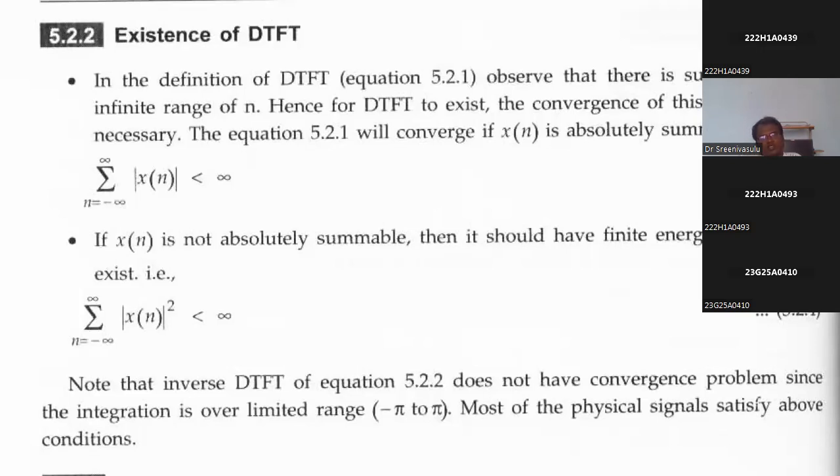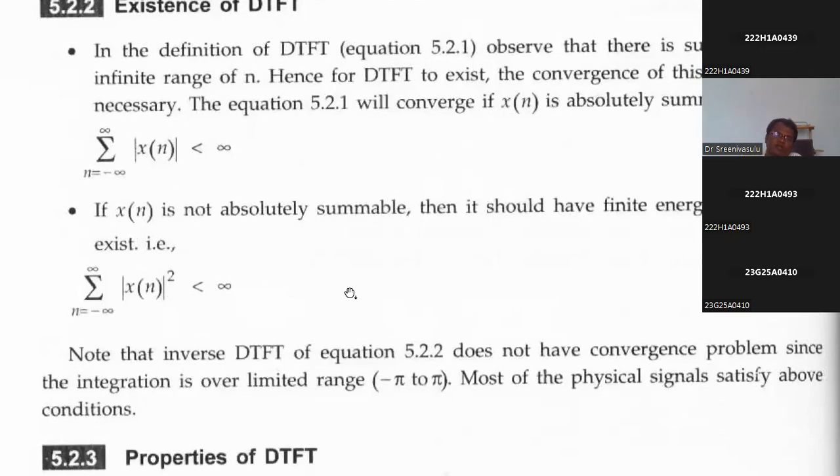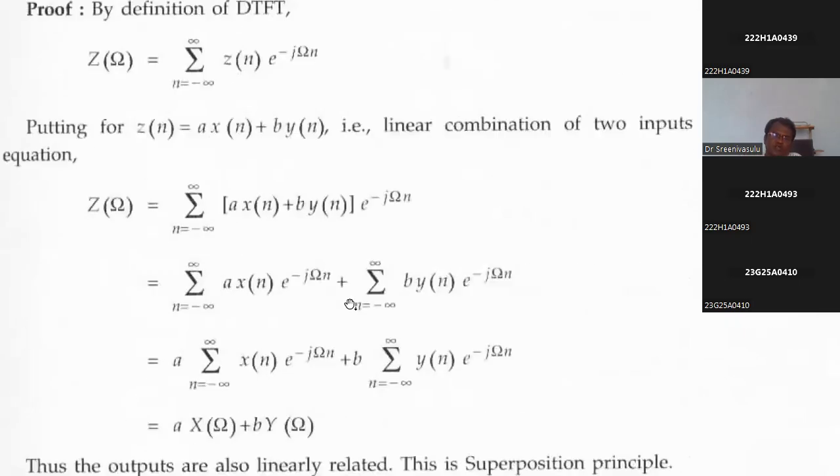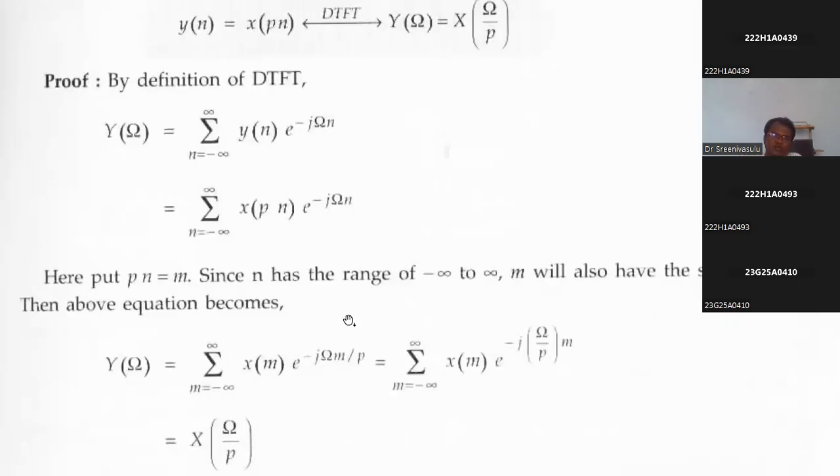If this condition is not satisfied, you can check the alternate condition, that is, the summation of the magnitude of x of n whole square is less than infinity. If any one of these conditions is satisfied, then we can apply the discrete time Fourier transform easily. These properties we already discussed. Now we are going for problems.